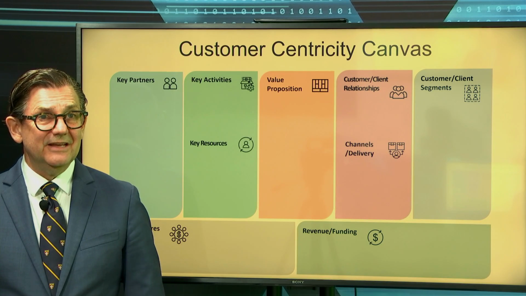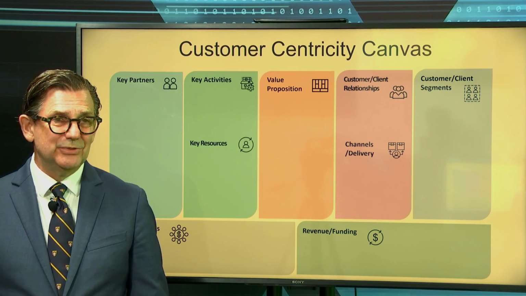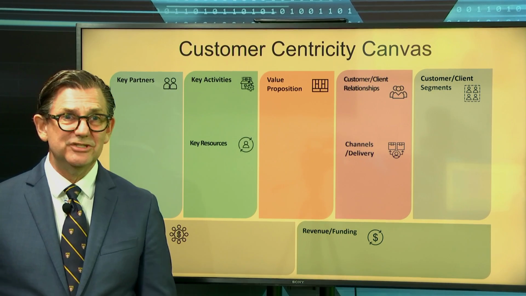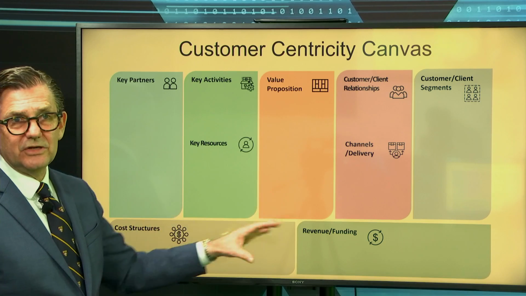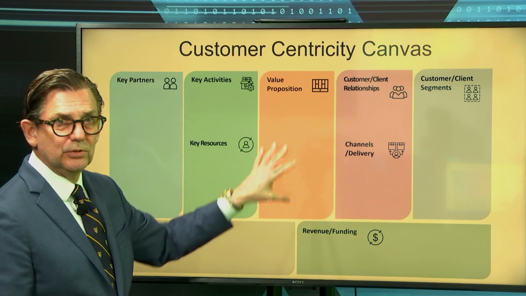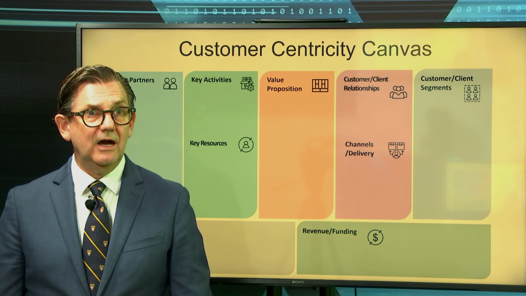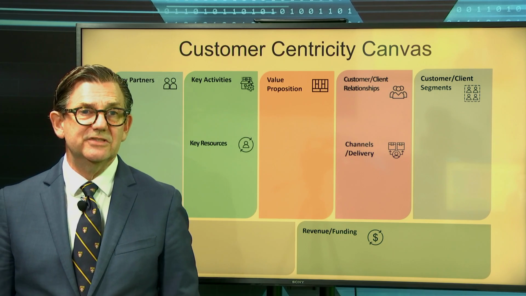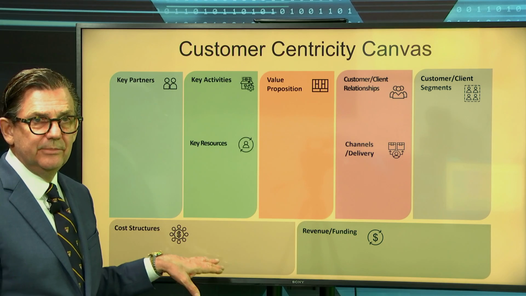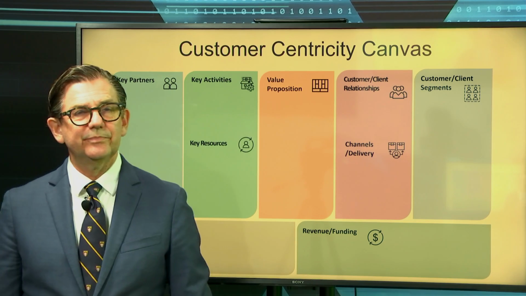Some tools like what I sometimes call a customer centricity canvas, business model canvas, strategy canvas, that gives us some overall structure of inputs, outputs, throughputs, and what the value proposition is that we offer. And we can also link this to organizational inputs and outputs.